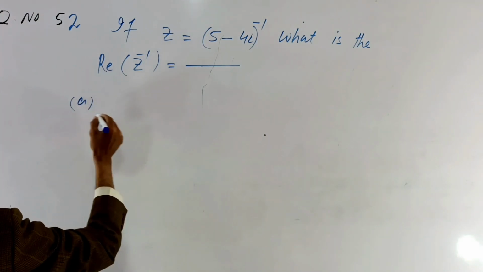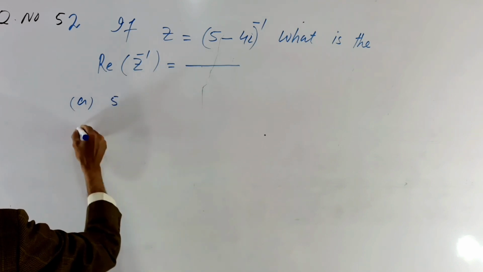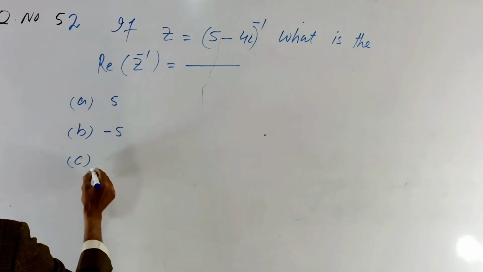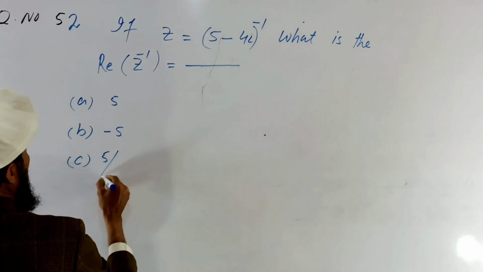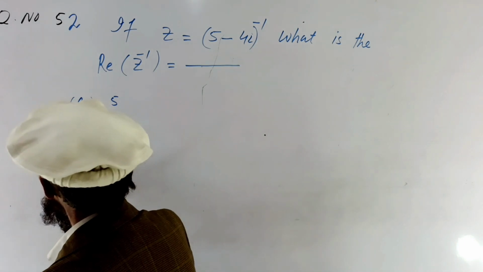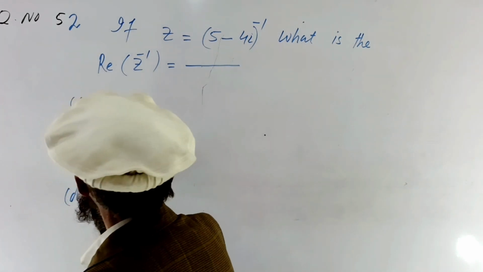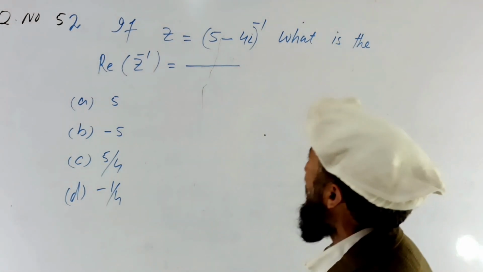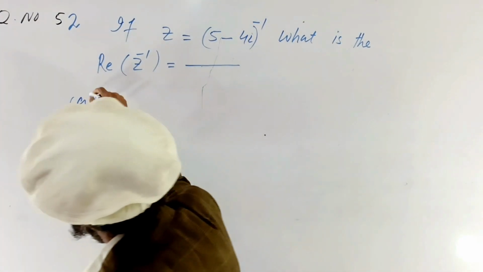A) 5, B) minus 5, C) 5 over 4, and D) minus 1 over 4. The correct answer is 5.